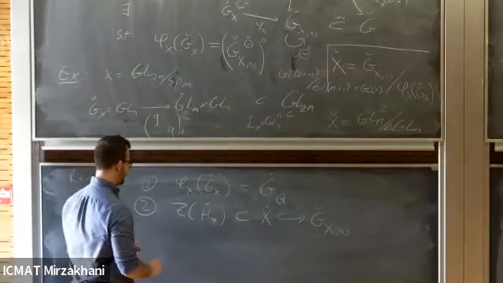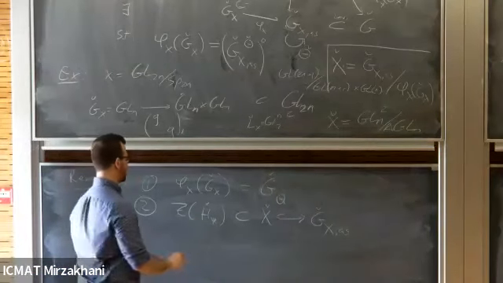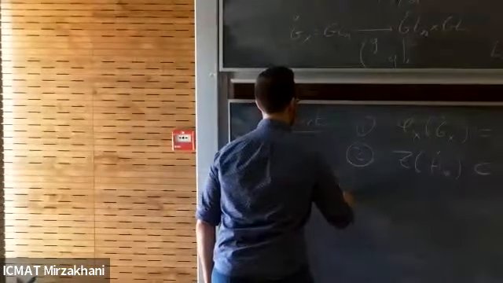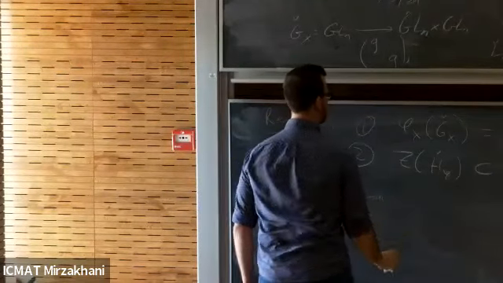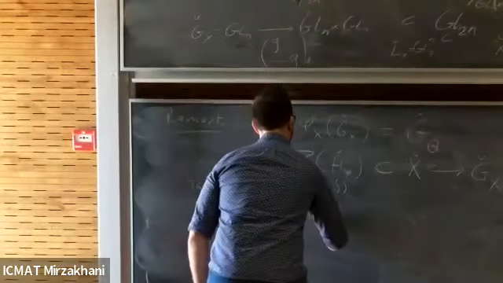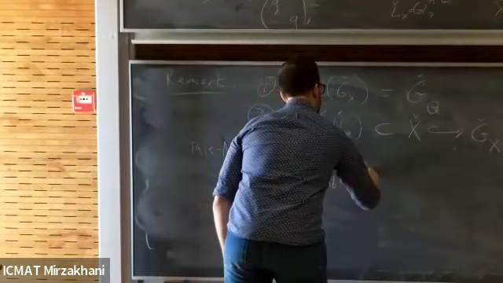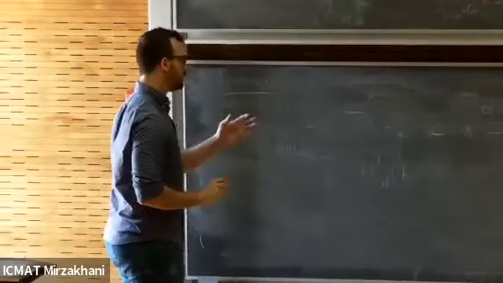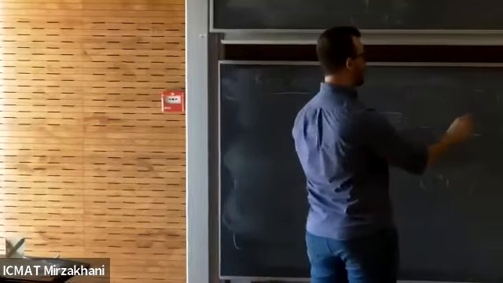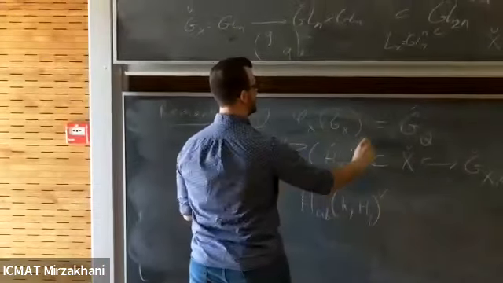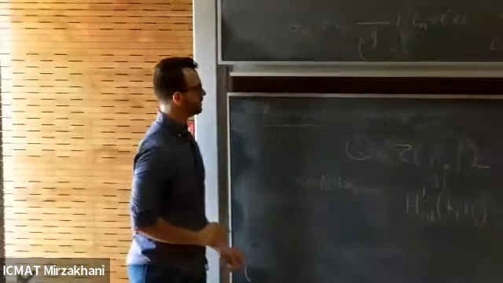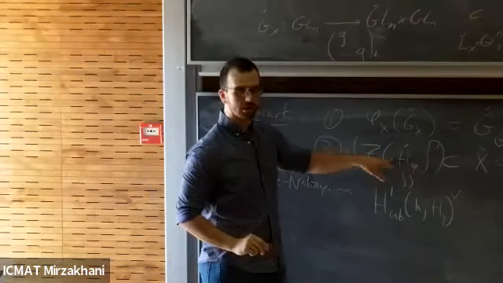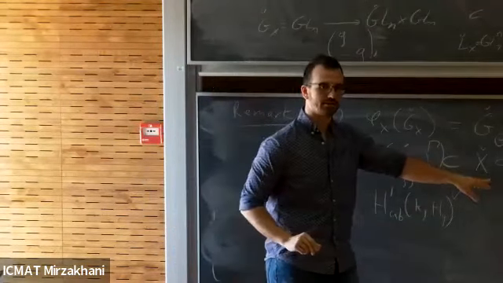And so why is this related to Hugo's question? This is where kappa lives. The reason being, by Tate-Nakayama duality, this is isomorphic to the character group, the dual of this. Well, once I take the Galois action into account, take the Galois fixed points, and maybe the connected components. But the point here is that starting with a character here, we're able to cook up elements in this symmetric space.